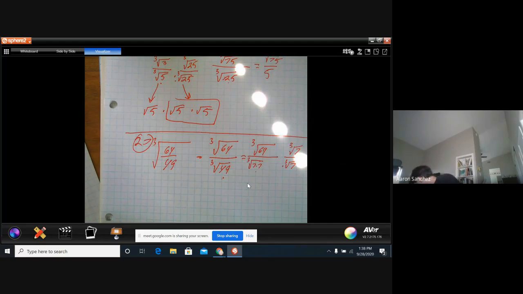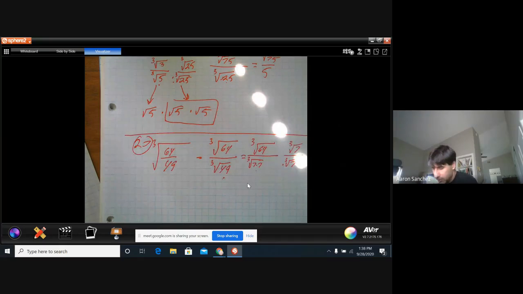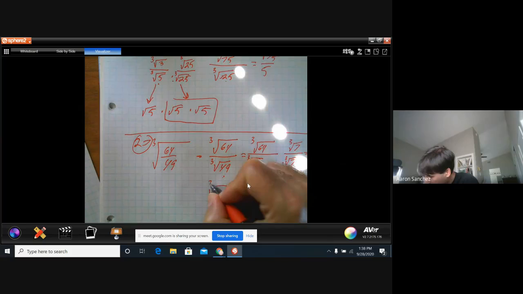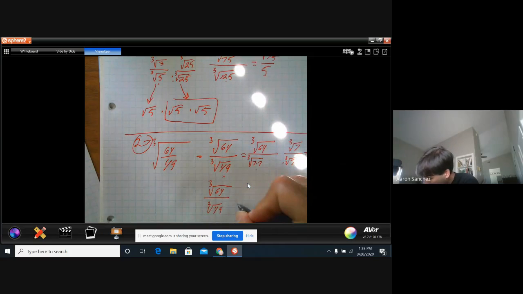Which is 49 times 7, so I'm going to write it here, because that'll give me my cube root.